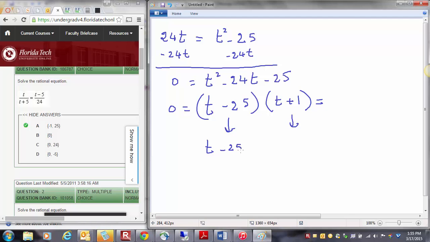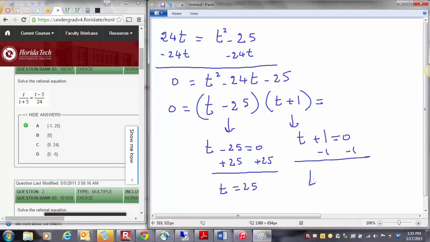t minus 25 equal to 0. Add 25 to both sides. t equals 25. t plus 1 equal to 0. Subtract 1 from both sides. t equals negative 1. Notice that the original question had t plus 5 in the denominator.